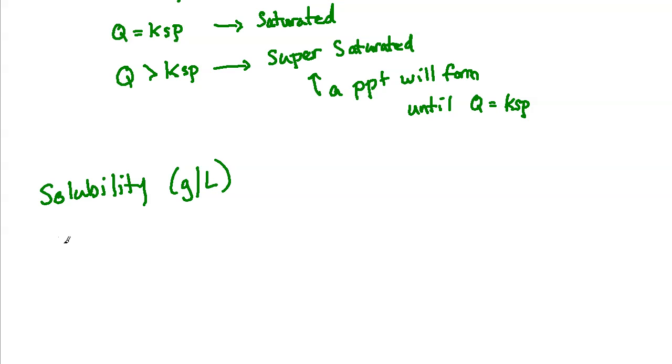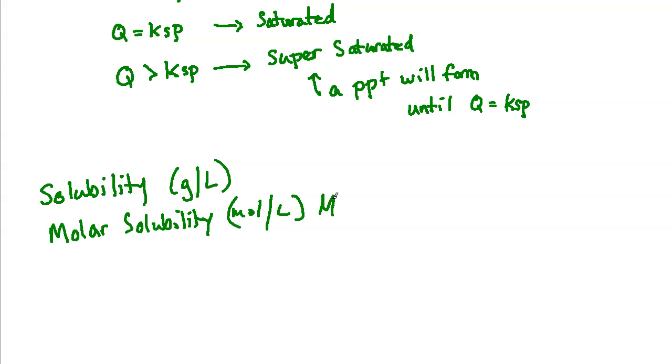Okay, and then we can also talk about molar solubility, and molar solubility is going to be, as you would probably guess, the moles in a liter of the solution, or the molarity. Okay, and specifically when we're looking at this, it's in 1 liter of saturated solution.